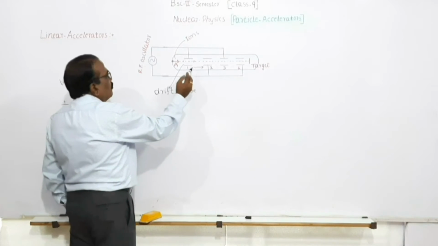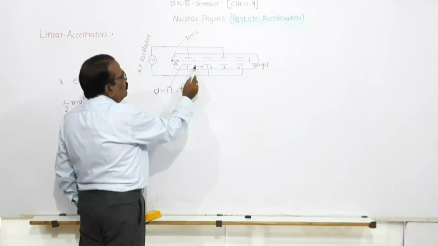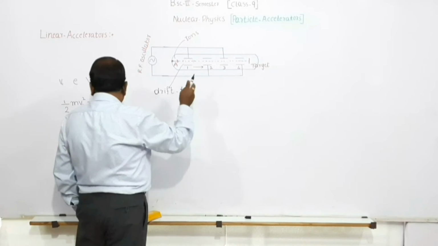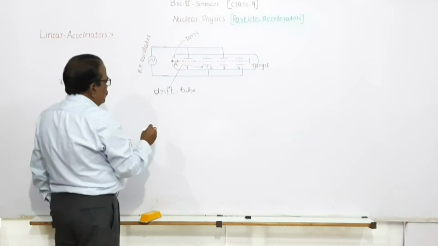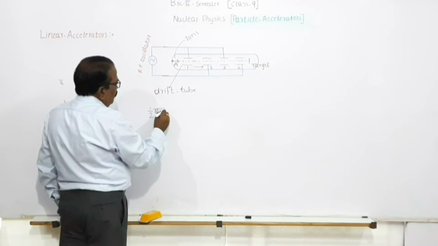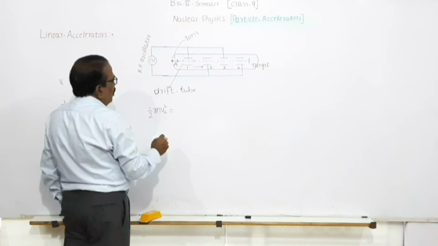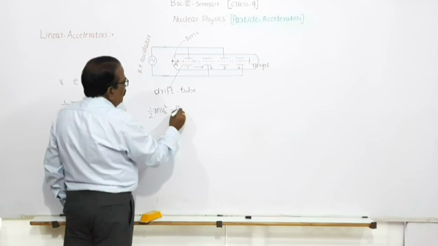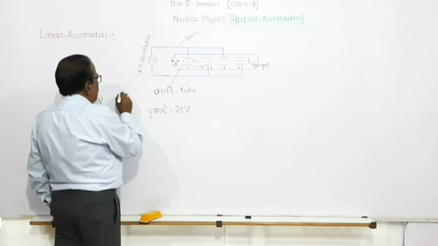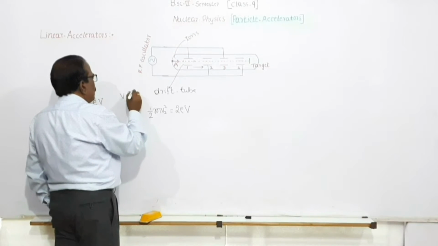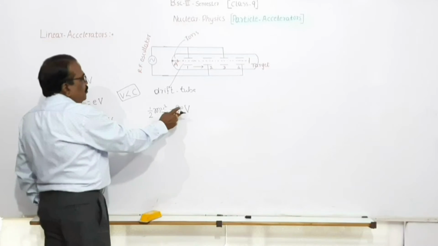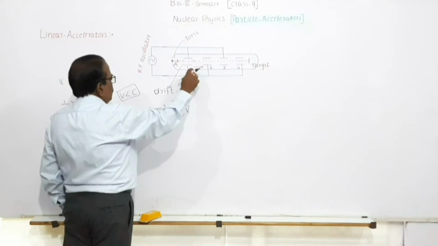And down, this ion in the gap between 1 and 2 gets accelerated, the potential changes. Now here, in the second tube, it is half m v2 square is equal to 2 E into V. So remember that the velocity of the ion is very much less than the velocity of light. 2EV because the potential doubles.